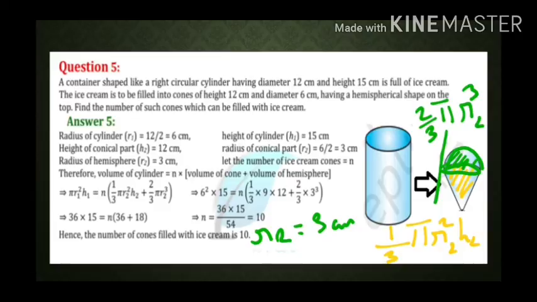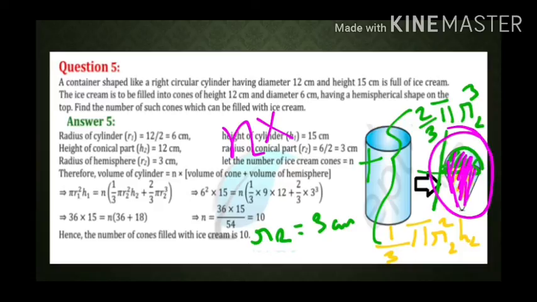Now add this amount with this one. If you add these two, you will get the volume of ice cream inside this cone. Now I am considering n number of cones you need to fill with the ice cream. That means n into the total amount of ice cream in this cone is equal to the volume of the ice cream in the cylinder. So just compute it, you will get the value of n.